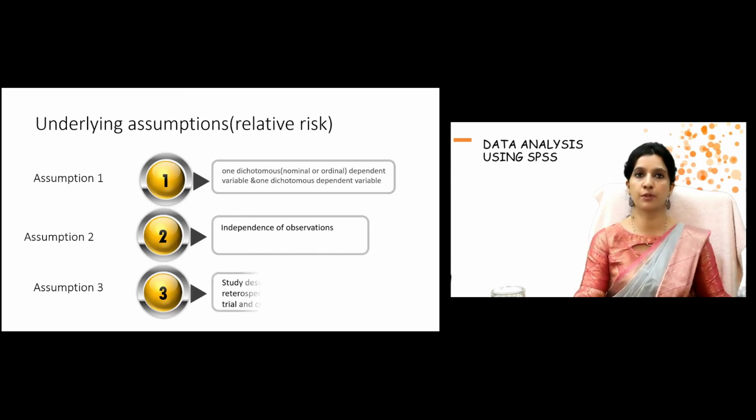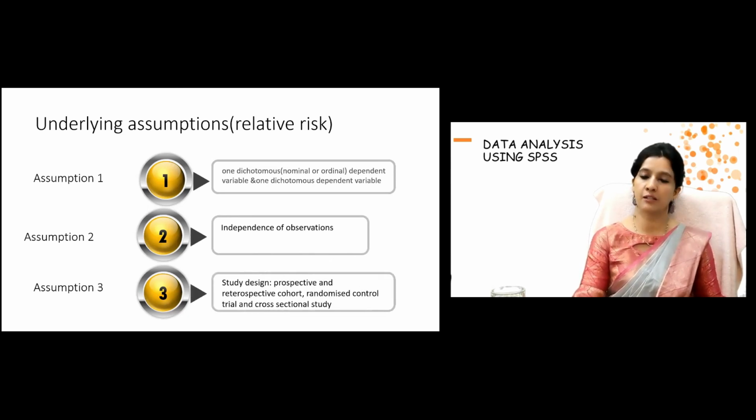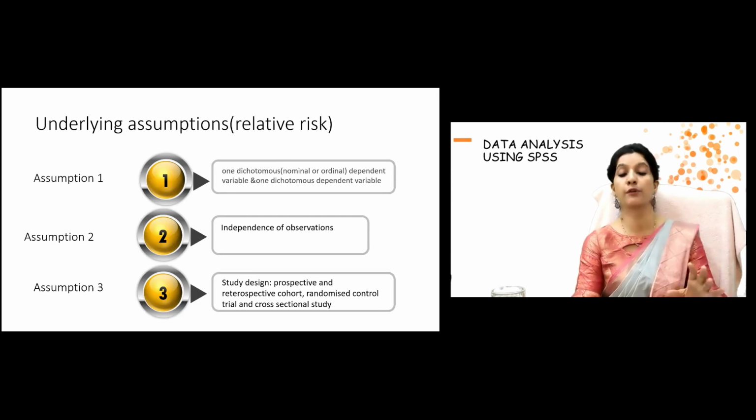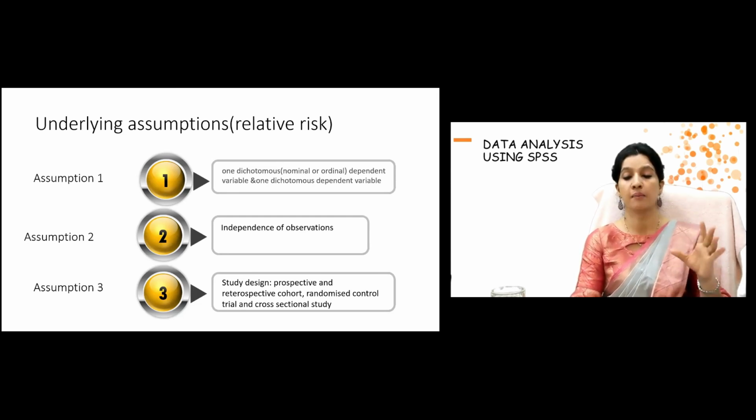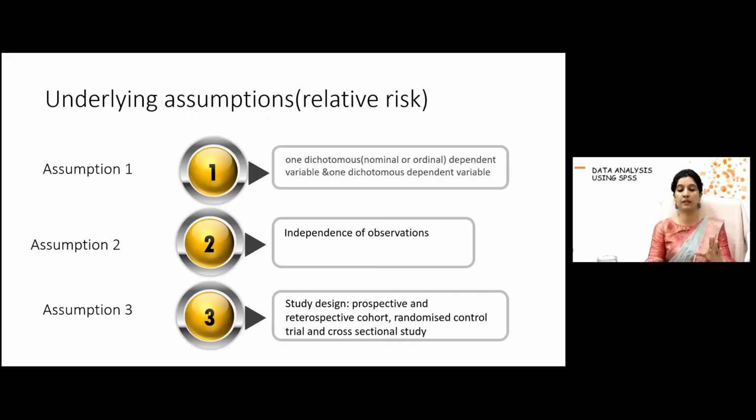The third assumption is specific to a particular study design. We know that we never calculate relative risk in a case control study. Generally, it is in analytical cross-sectional studies, randomized controlled trials, and prospective studies, which may be a prospective or a retrospective cohort study.